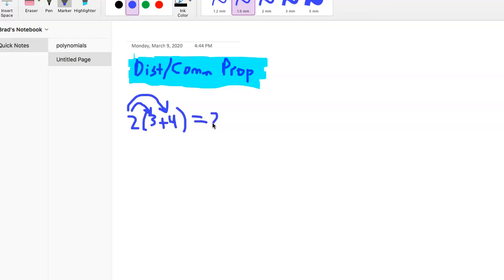As far as distributive property is concerned, you go 2 times 3 plus 2 times 4. And if you multiply that out, 2 times 3 is 6, 2 times 4 is 8. That's all you've got to do there.